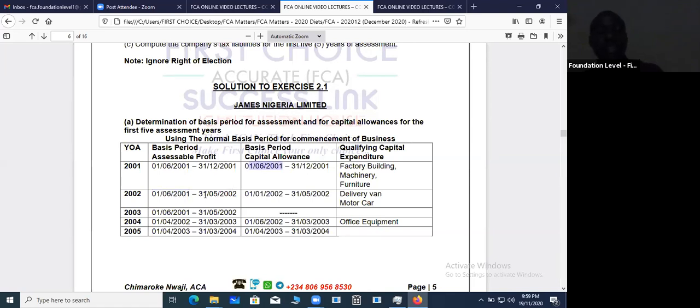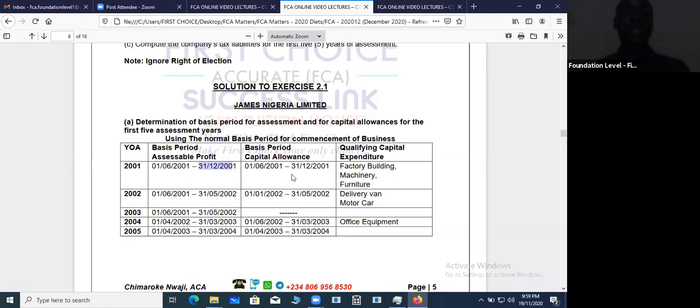So that means it doesn't qualify as a starting date because there is going to be an overlap. Let's look at the ending date. This is 31st May 2002. If you look here or here, you find out that this date cannot be found here.